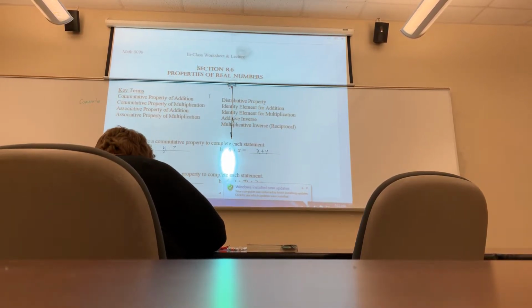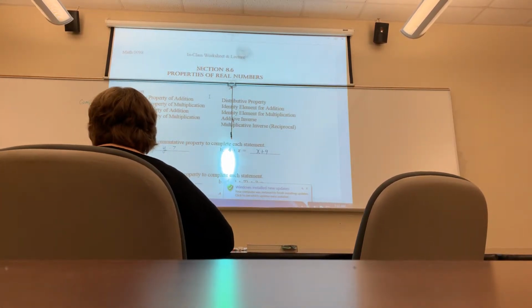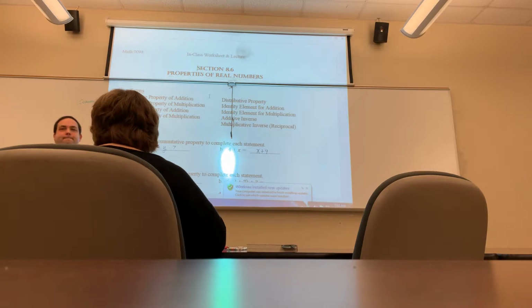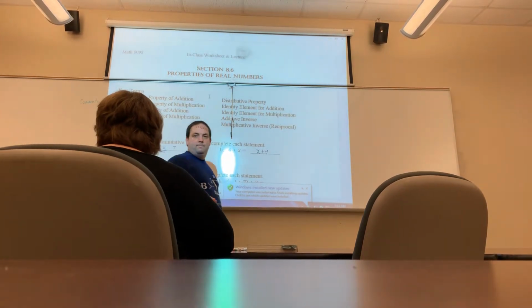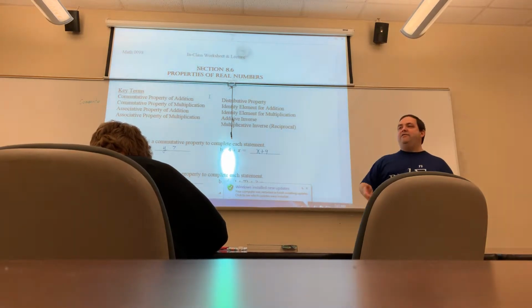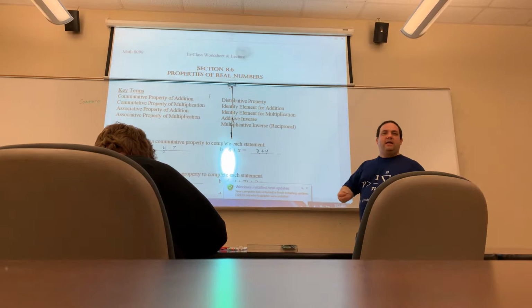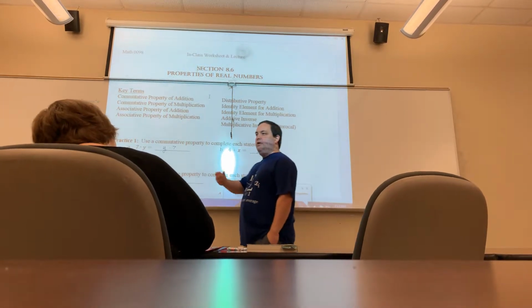What about subtraction? Why don't we have a commutative property of subtraction up there? Exactly right. Subtraction doesn't have the ability to switch the order and keep the same answer. So it doesn't have a commutative property.